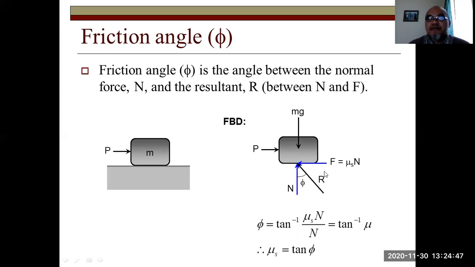The angle between the normal force and this resultant R, or phi, is what we call the friction angle.